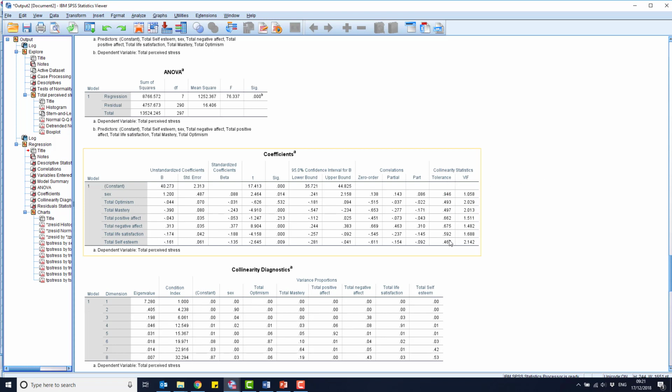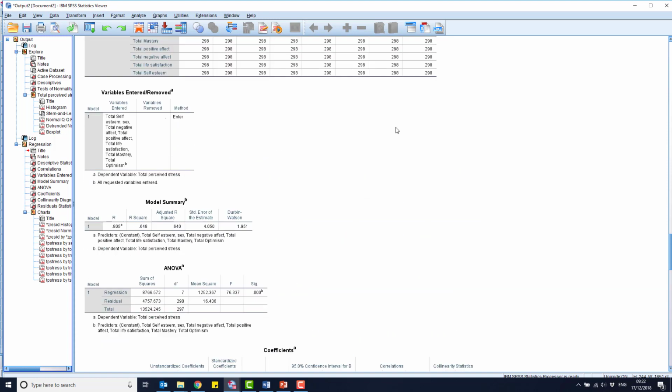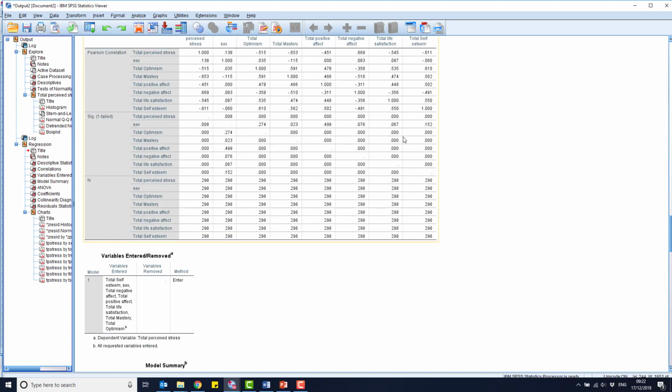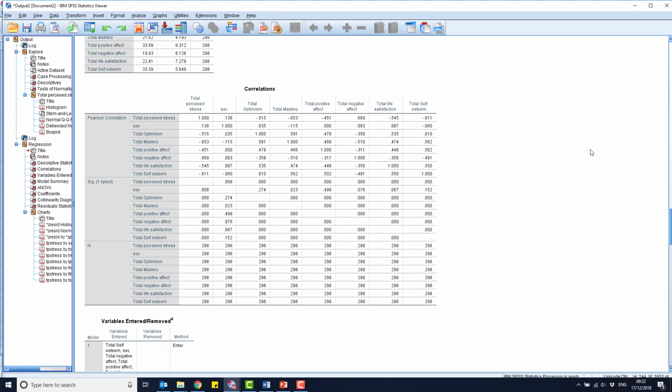So if the tolerance value is less than 0.1, or the VIF value is greater than 10, you have a problem. It means that some of your variables are essentially the same thing measured twice, that they have such a high correlation that they are overlapping too much to enter into the regression. But looking at those two things in combination, we can say that there isn't anything too concerning, so we can proceed in that respect with the regression analysis.